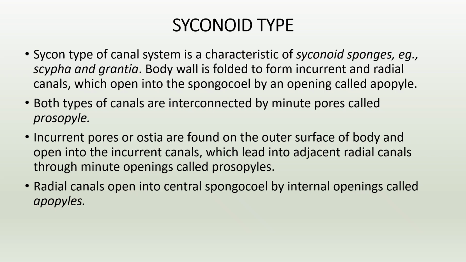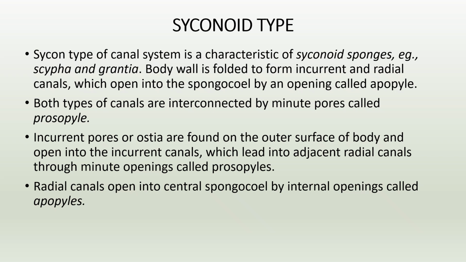The cycnoid type of canal system. The cycon type of canal system is characteristic of the cycnoid sponges, for example Scypha and Grantia. Here the body wall is folded to form incurrent and radial canals which open into the central spongocoel by an opening called the apopyle. Both the canals are interconnected by minute pores called prosopiles.